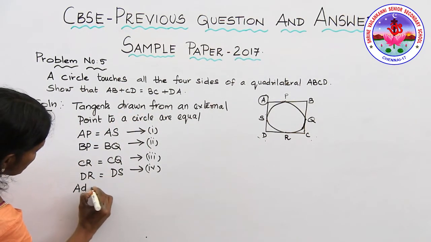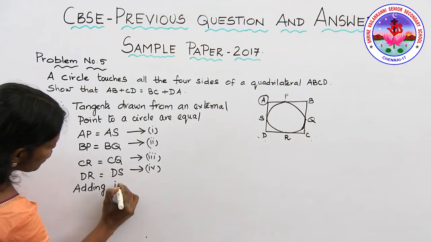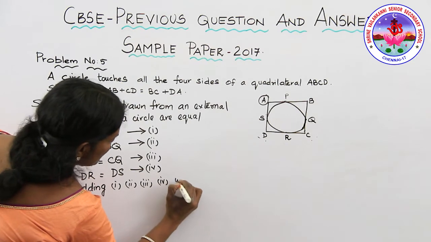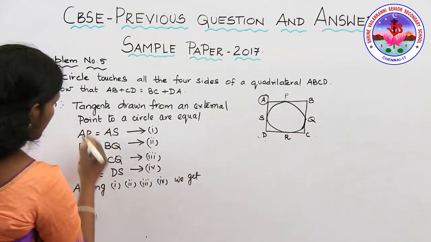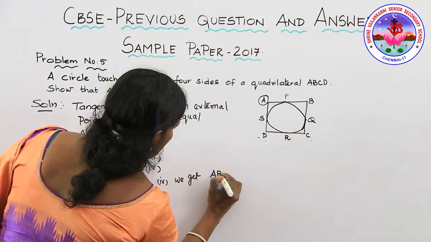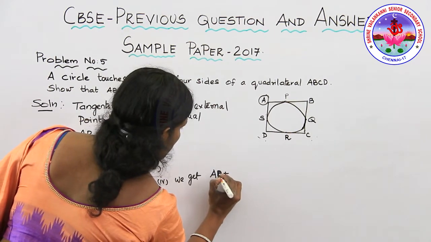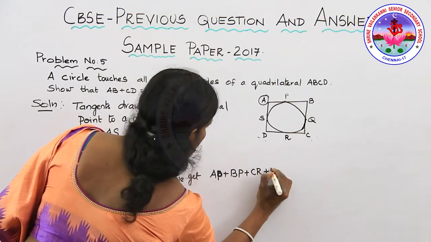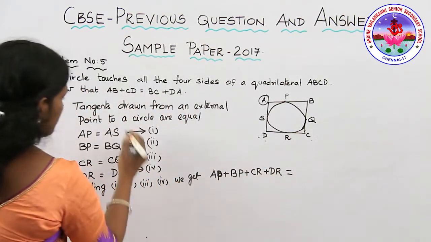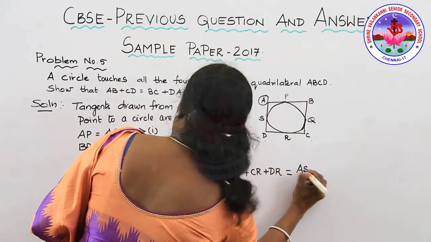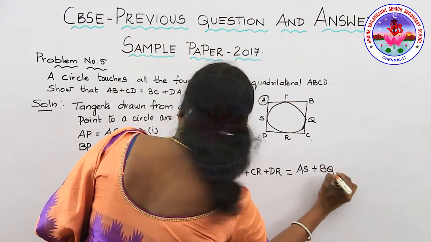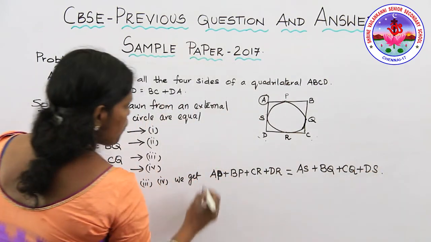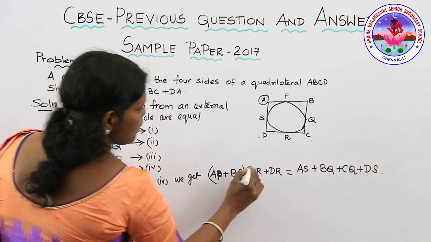Now I am adding all 4 equations. We get, writing the left hand side together, AP plus BP plus CR plus DR, which is equal to the right side AS plus BQ plus CQ plus DS. Now I am joining this together and this together.